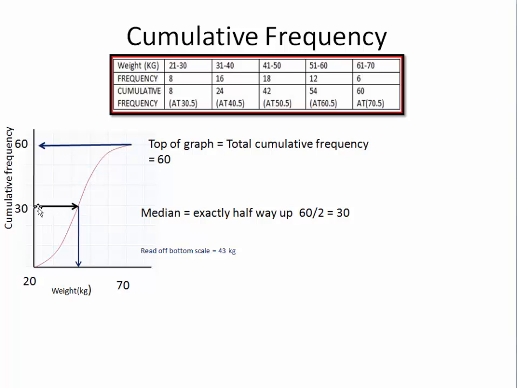So that's the middle. So 60 divided by 2, middle, which is median. So that's exactly halfway up between 0 and 60. So 60 divided by 2 is 30. So total cumulative frequency, median.